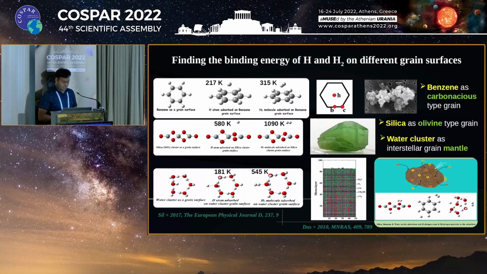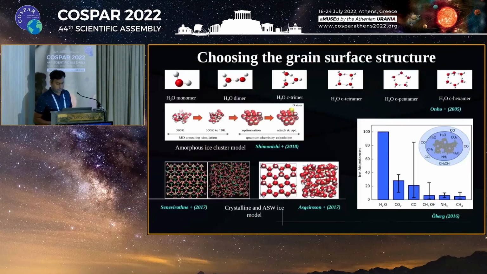In all cases, we can see that the binding energy of hydrogen is less than that of H2, whereas some literature values say otherwise, that H2 is smaller and H has the greater binding energy.